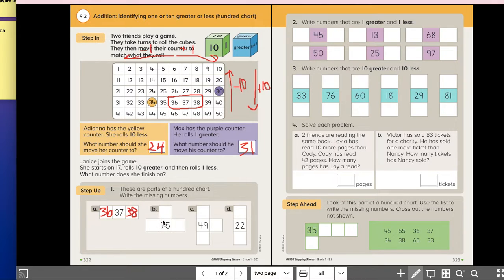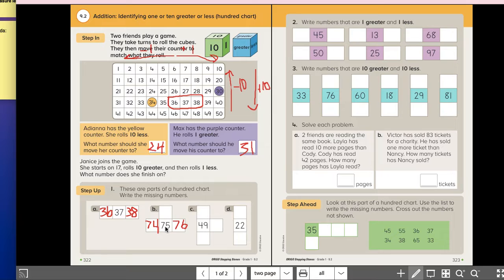Okay, here's 75. We don't have 75 on our sheet, but I know you guys can figure this out. What is 1 less than 75? 75 minus 1. So if we're counting back, we'd have 74. 75 plus 1. So what would come after 75? It would be 76. Okay?